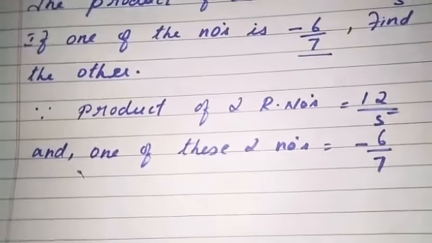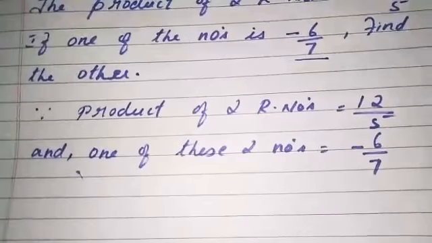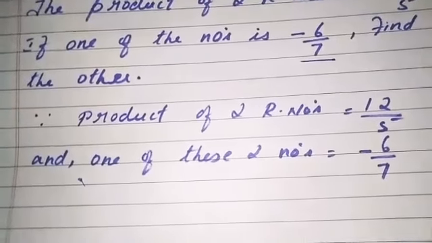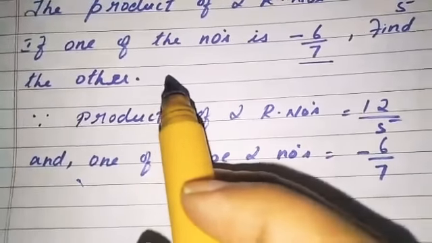When you do the whole process of division, what you arrive at is the second number, the other number.